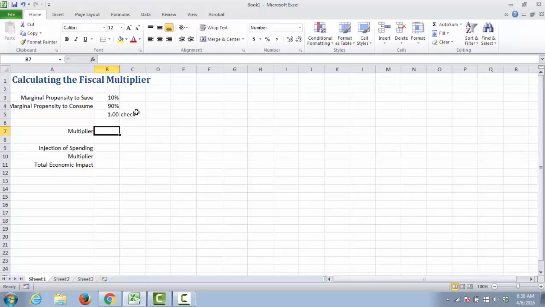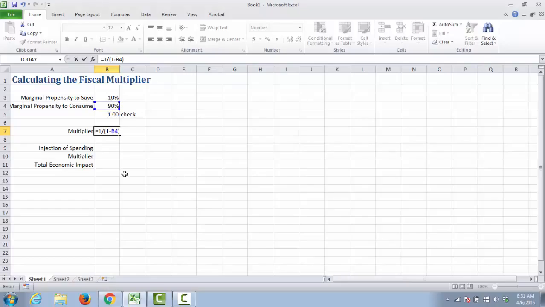So the multiplier then, remember our formula for the multiplier is 1 over 1 minus the marginal propensity to consume. So we're going to use that cell.